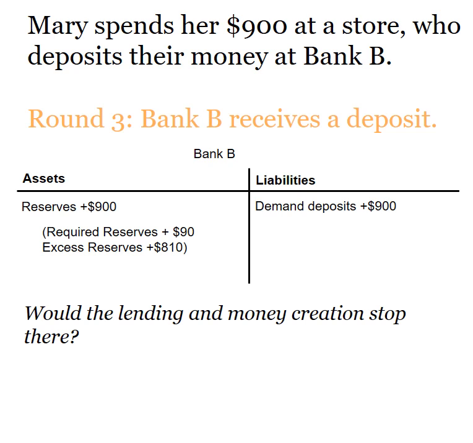And then you can imagine that money can get spent and redeposited, and that bank can loan out 90%, and it keeps going. But I wanted you to see how we set up T accounts, because this process of where the assets and liabilities are affected and how this is all labeled will need to be done. So you'll need to be able to set up these T accounts on your own.